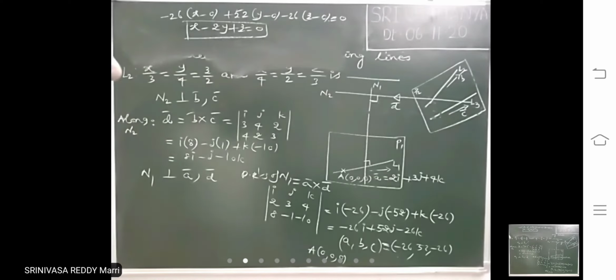Follow the logic carefully. Simple equation is A into x minus x1 plus B into y minus y1 plus C into z minus z1 only. For normal finding, there is logic.